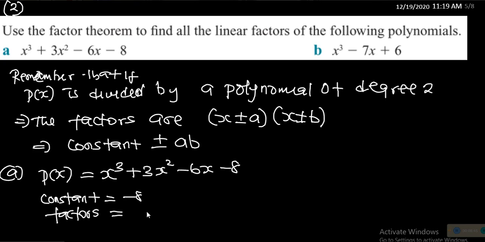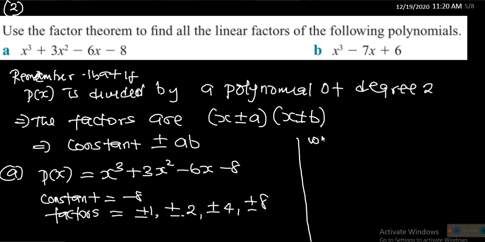Factors of minus 8 are plus or minus 1, plus or minus 2, plus or minus 4, and plus or minus 8 itself. So now we check which of these factors will give us a remainder of 0.